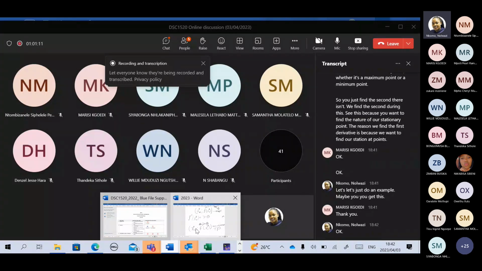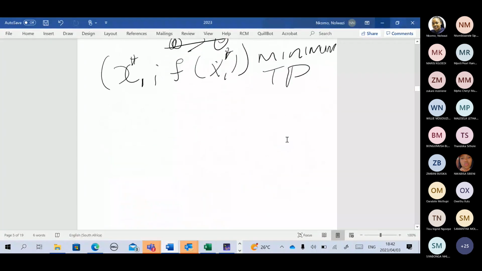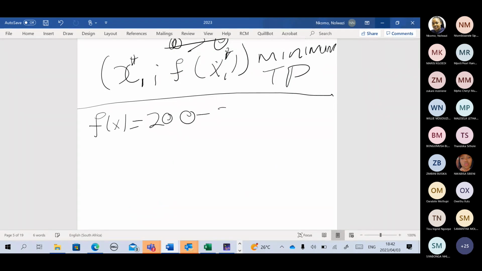Let's do this example. Suppose we are given this function and they said we should find the turning point and the nature of our turning point.